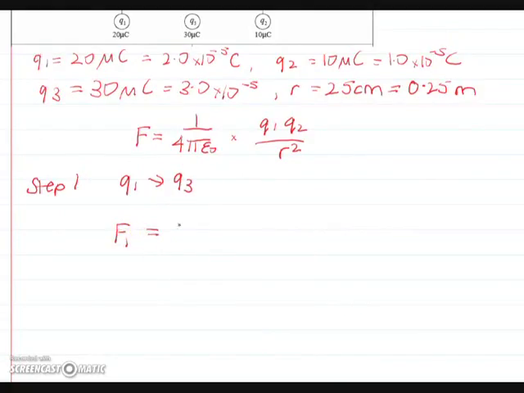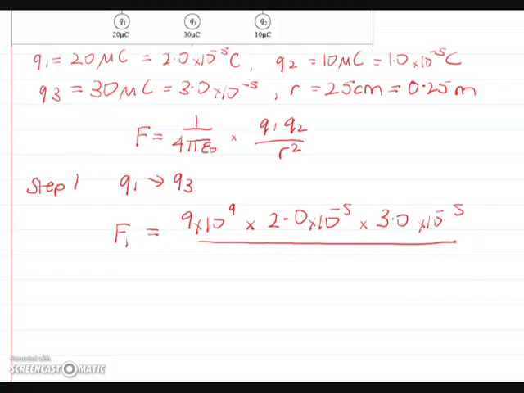All right, so to do that, we want to know the force, number 1. We're looking at 9 times 10 to the 9. Remember, that's our 1 over 4 pi epsilon naught, which works out to just be 9 times 10 to the 9. And then we put in our charges. So Q1 is 2 times 10 to the neg 5. Q3, because that's the one we're looking at here, is 3 times 10 to the neg 5. And we put that over our radius.